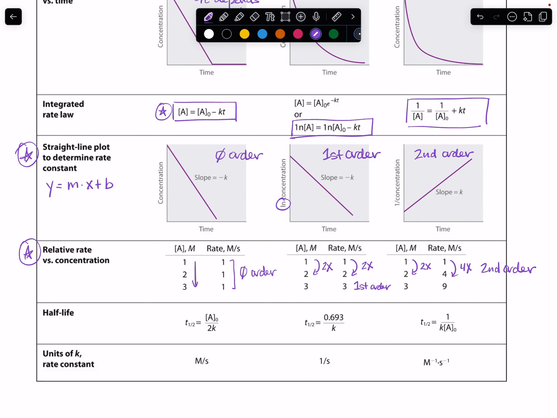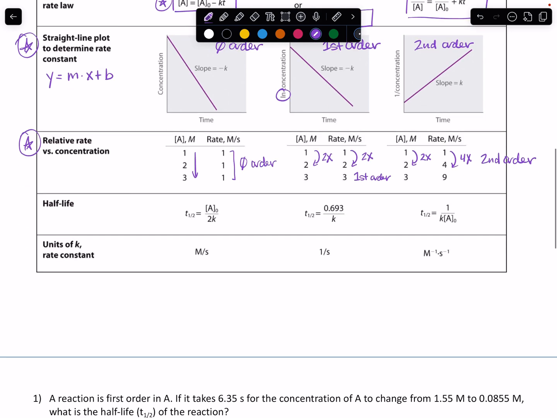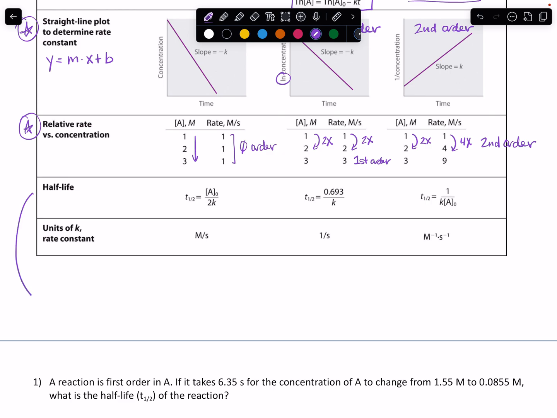All right. Now, half-life is something we haven't talked about all that much. It's represented by T with a subscript 1/2. This is the time needed for the concentration of your reactant to decrease to half the original amount.